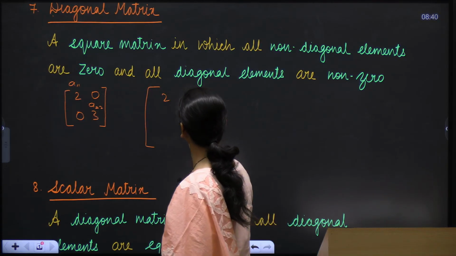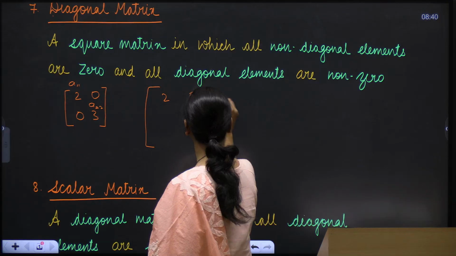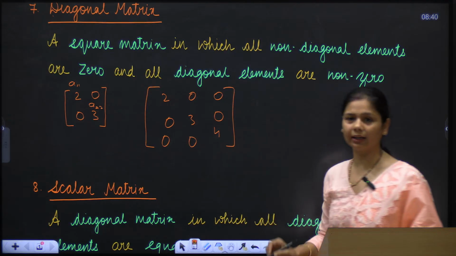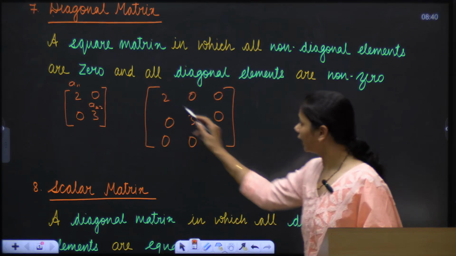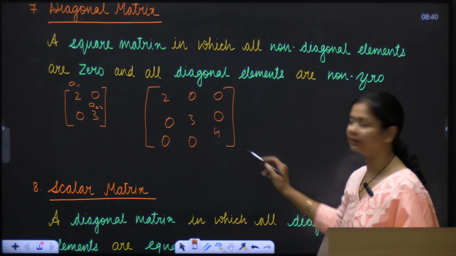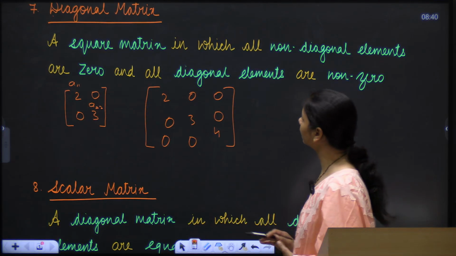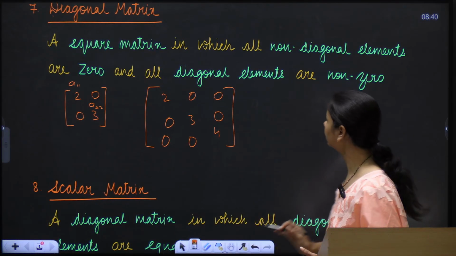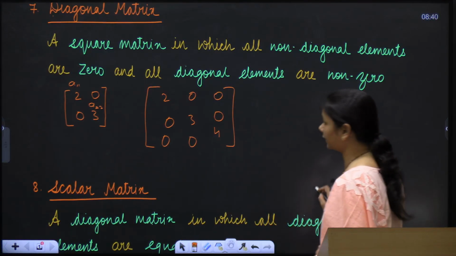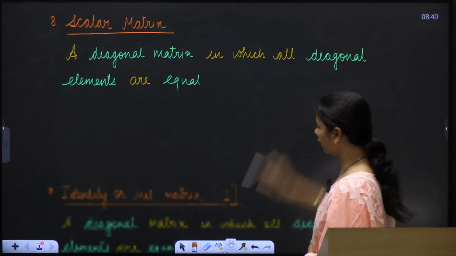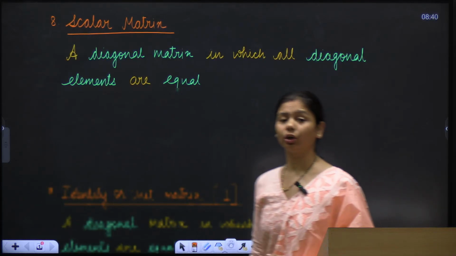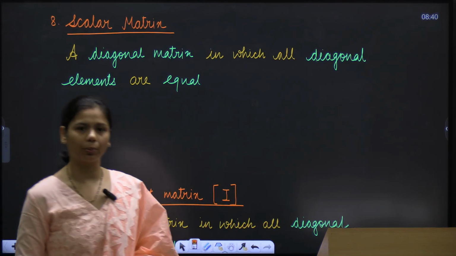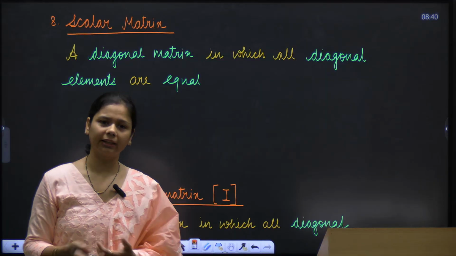Same way, 2, 3, 4, 0, 0. In this square matrix also, the diagonal elements have some value and non-diagonal elements are 0. Then this is also called a diagonal matrix. Then next, scalar matrix, a diagonal matrix in which all non-diagonal elements are 0, as this is the property of diagonal, that all non-diagonal elements are 0.